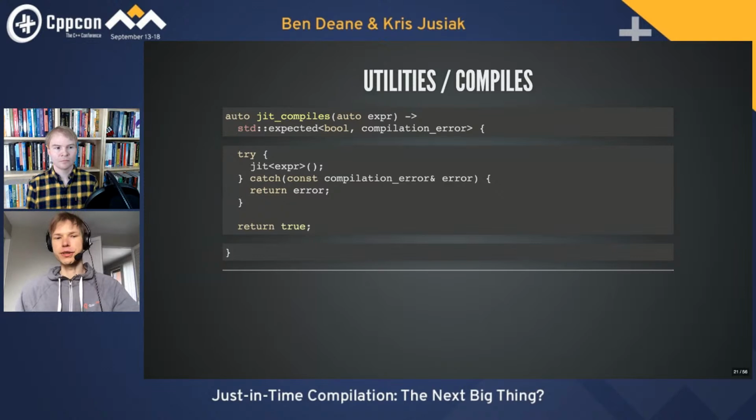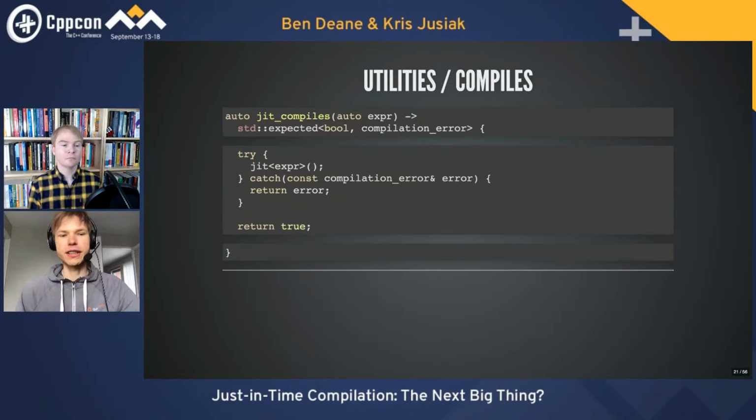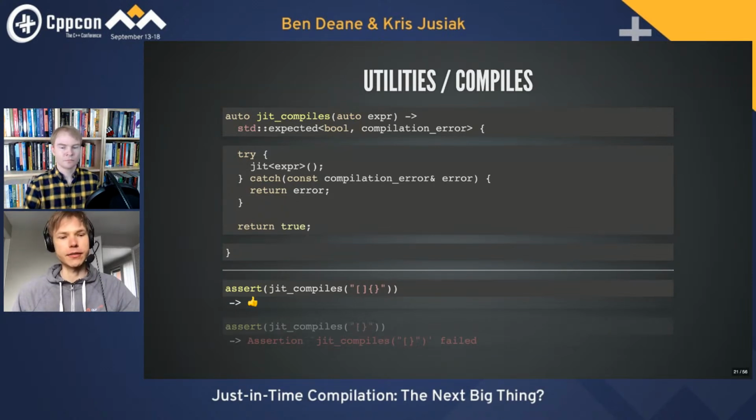And notice here, which is really important, is the fact that the expression, which was passed as a string-like thing, is being propagated to the angle bracket JIT. So we go from runtime to compile time. We JIT that expression. If that expression doesn't compile, then we'll just get a false.